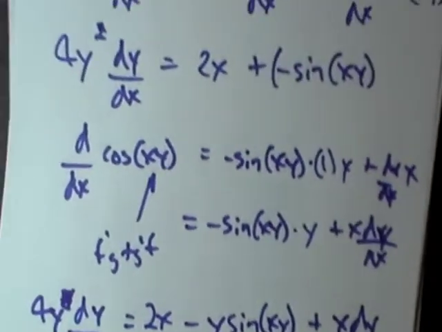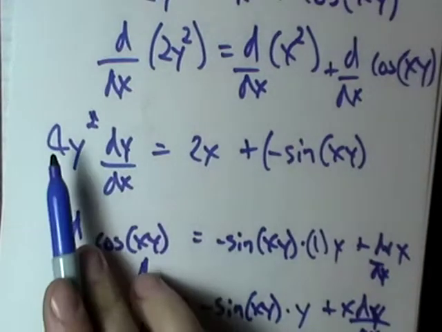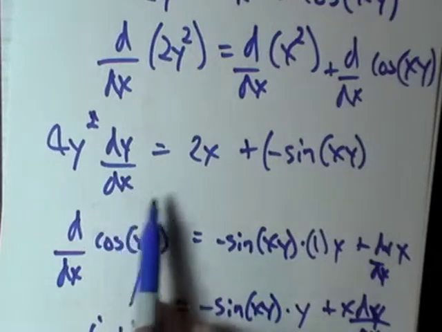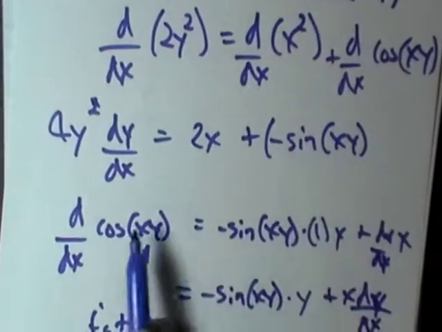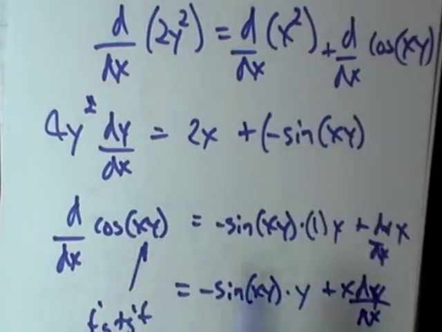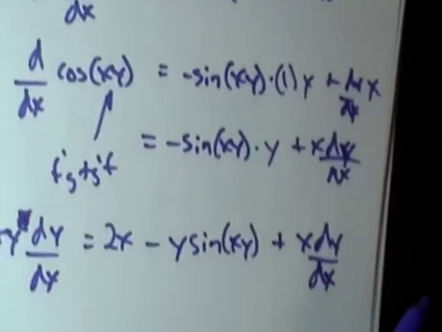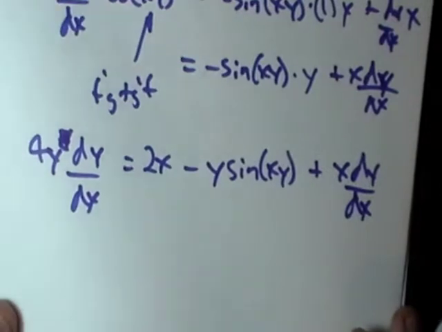Is that right? Okay, yeah, it was 4y dy dx equals 2x plus a big mess, and I just went ahead and did that separate so I didn't run out of paper, and then I just tacked it on later. So here we are.